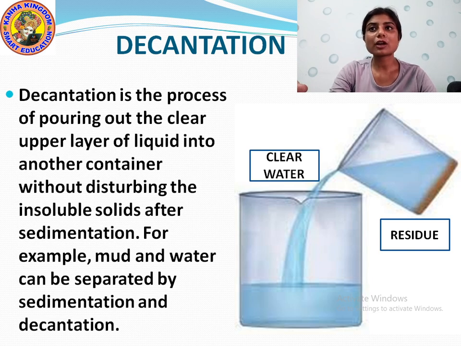Soluble substances are those that dissolve completely into the solvent, and insoluble substances are those which do not dissolve completely into the solvent. The soluble substance can be separated by the process of heating, and the insoluble substances can be separated by the process of filtration, sedimentation and decantation.